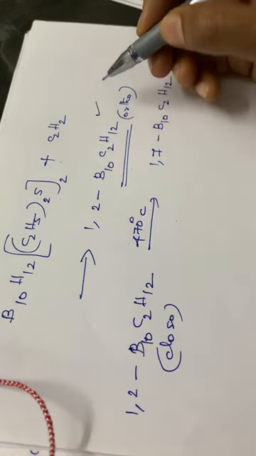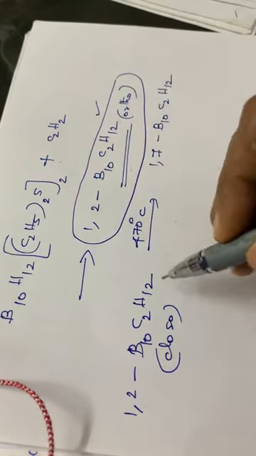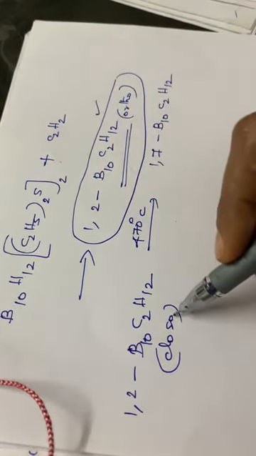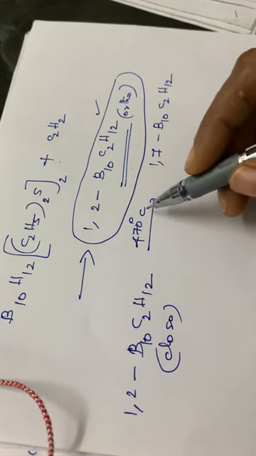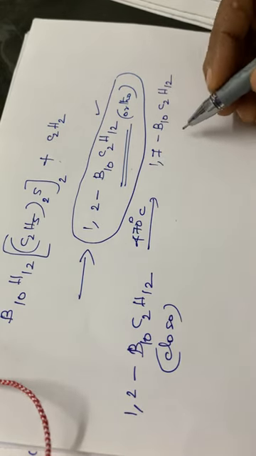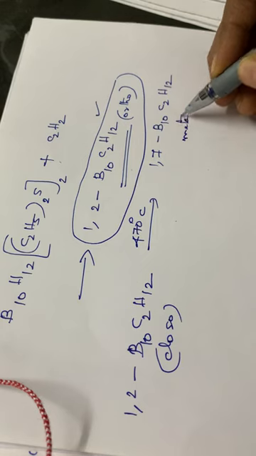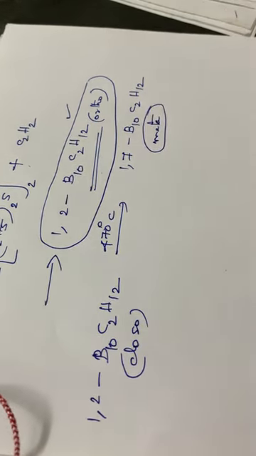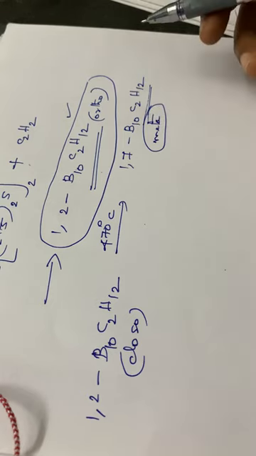So this is the ortho form of the clozocarborane, and it is heated to 470 degrees Celsius. Then we will be having this meta. 1,7 position means it is the meta position. This is the clozocarborane, the isomeric form, the meta form will be obtained.